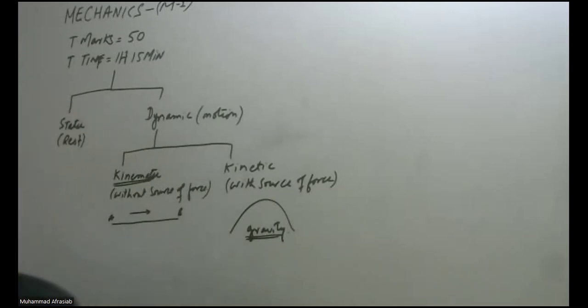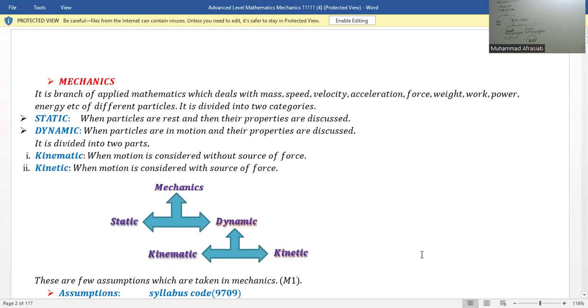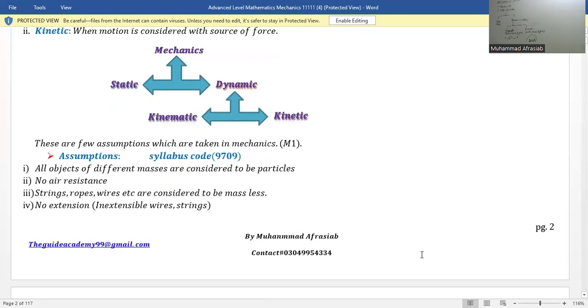Then there are certain assumptions which will be used in Mechanics 1. That means they are not being considered in the solution of the questions. Although they exist, we don't consider them. All particles of different masses are being considered as a single particle.